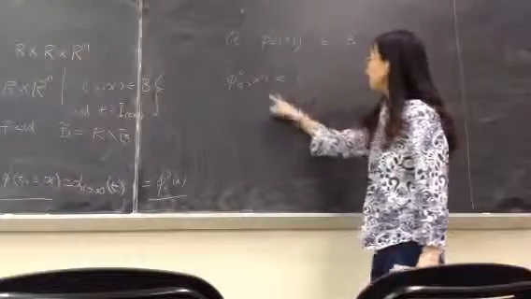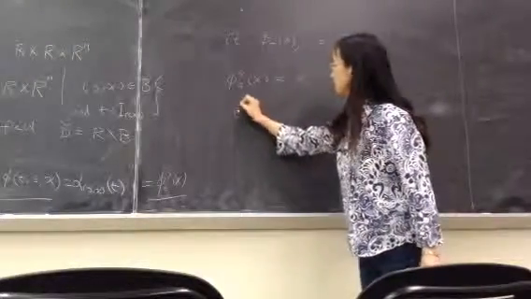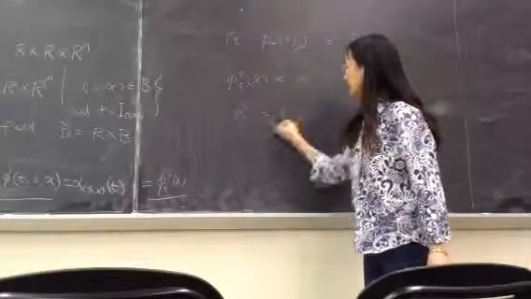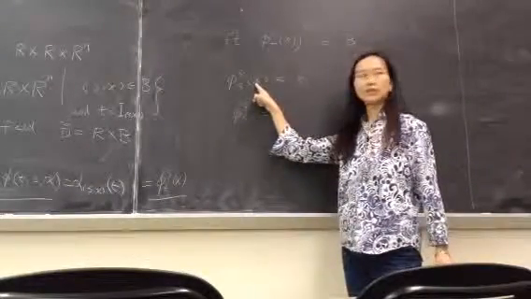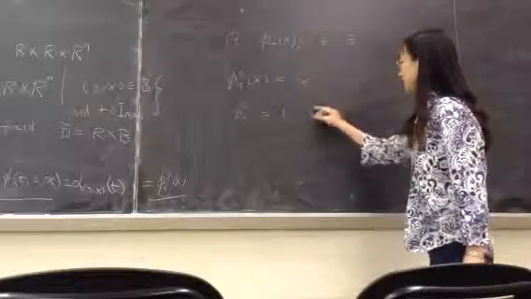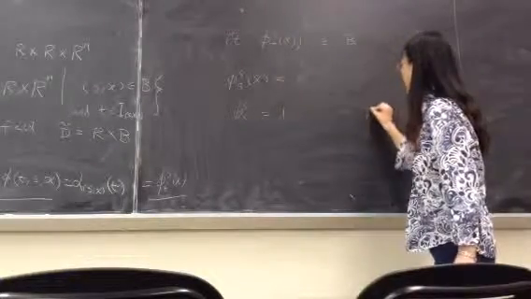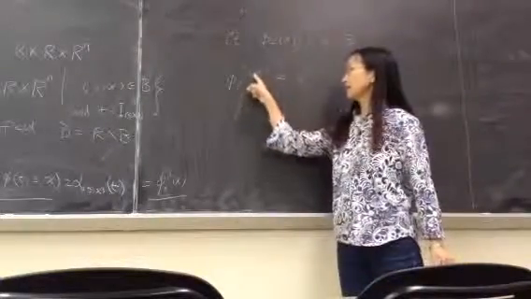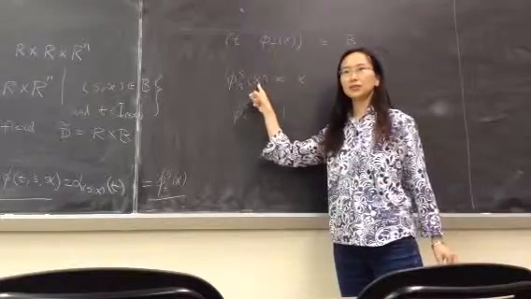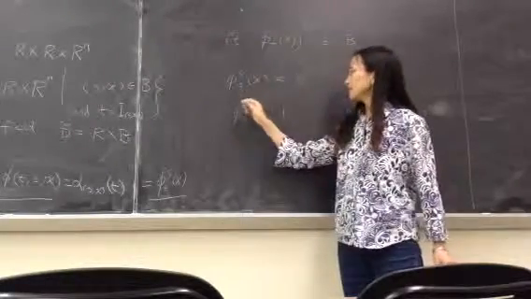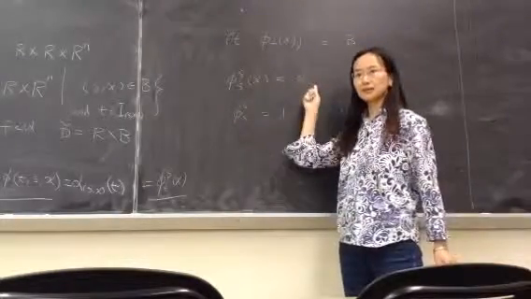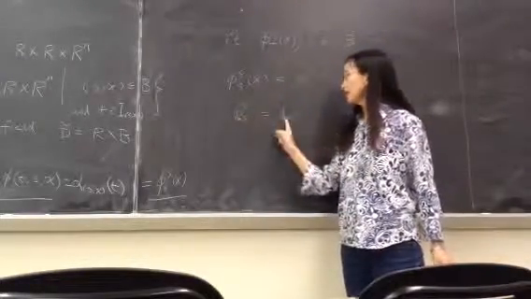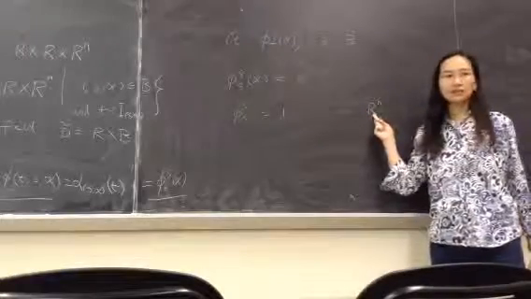Yeah, so that means this one is an identity function, right? Identity function for whatever input. That is identity on what? On Rn, because X is a point in Rn, right? So for whatever X, this one acting on X is still X. So that's an identity function on Rn.